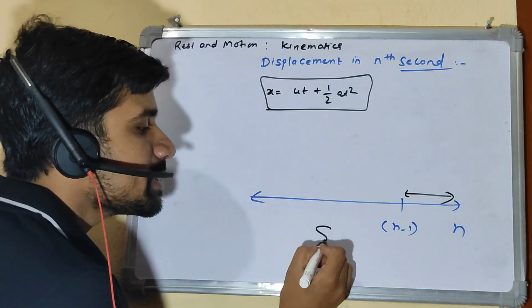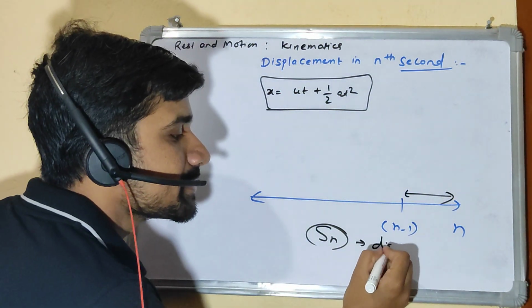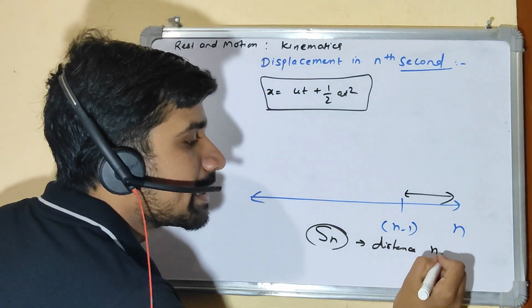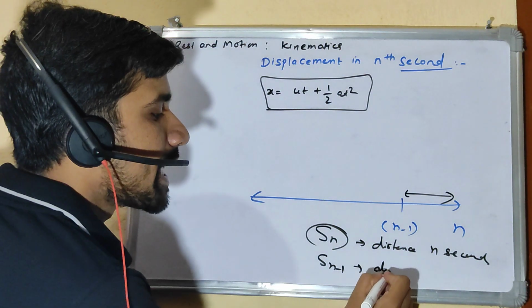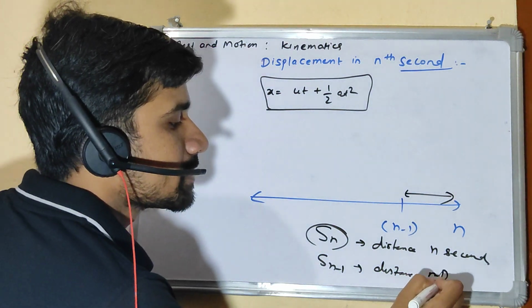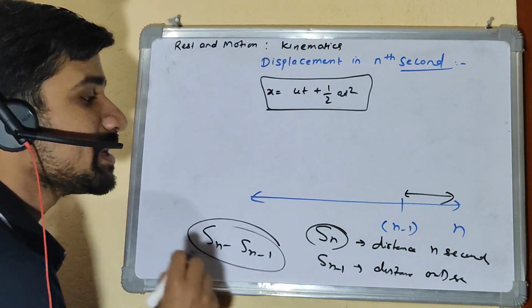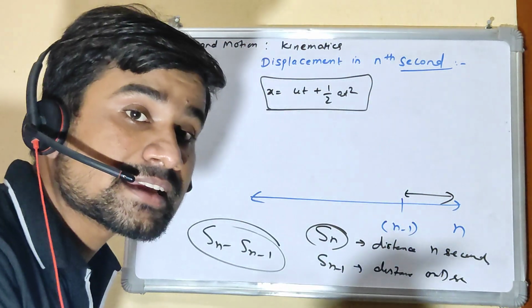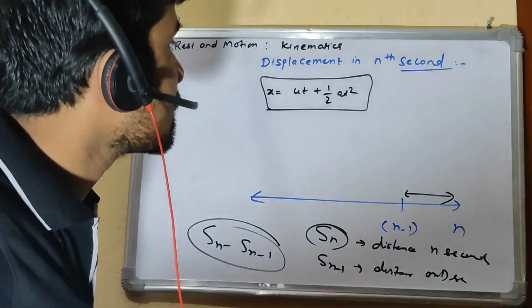So if Sn is the distance traveled in n seconds, and S(n minus 1) is the distance in n minus 1 seconds, then Sn minus S(n minus 1) will give me the distance traveled in the nth second. Now this is very simple. We can derive this.